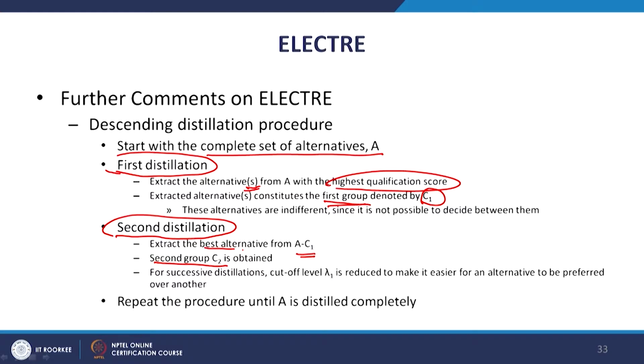Now for successive distillation, the cutoff level lambda 1 that we talked about can be reduced to make it easier for an alternative to be preferred over another. Given the number of alternatives and the kind of scores they might have, initially it might be easier to extract the alternatives with the highest scores, but as we go down the list and try to extract other alternatives, it might be difficult to extract.